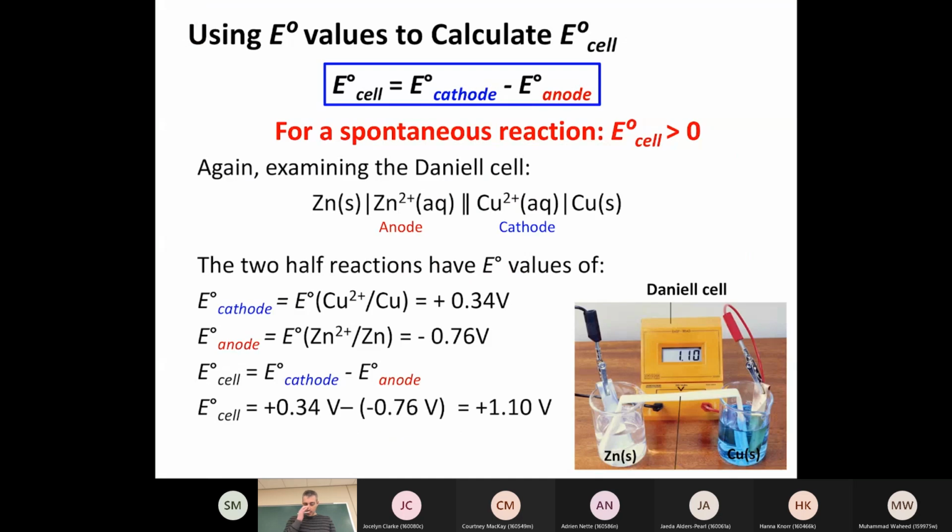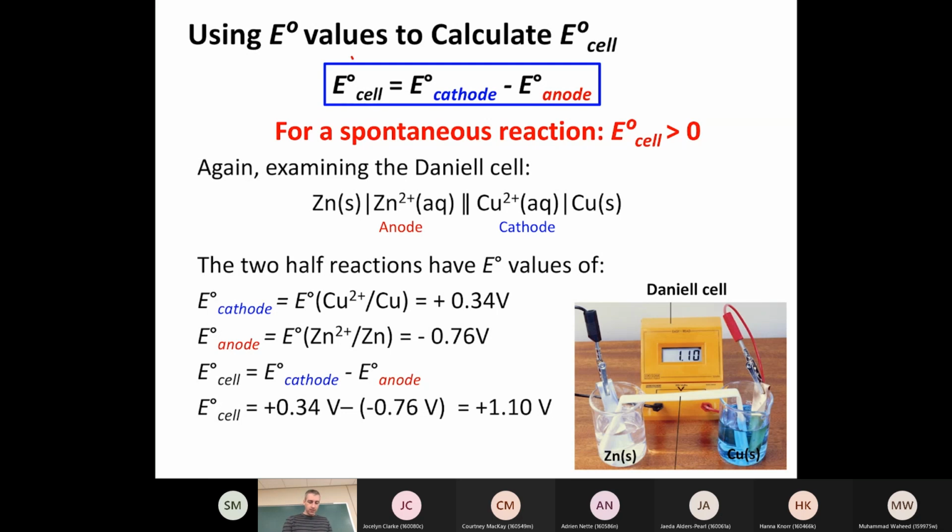Okay, so this is what all of this is coming to. Why do we have these standard reduction potentials for half reactions? The reason is if you know the two half reactions you're using to build an electrochemical cell, you can use those two numbers and calculate exactly what the voltage of that cell is going to be. The equation is very simple.